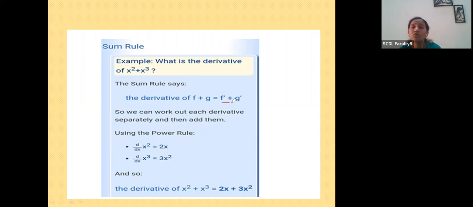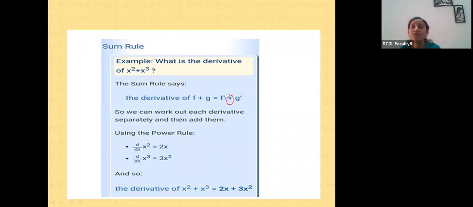Understood? This means we have to find the derivatives separately for the given terms, which we can do by using the power rule. Now the derivative of x squared plus x cubed is equal to 2x plus 3x squared. Why are we using this plus?